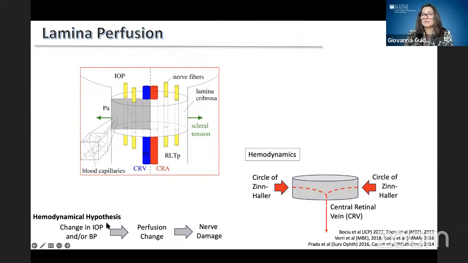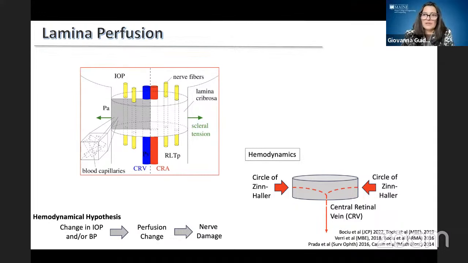So it is absolutely reasonable to conjecture that as the intraocular pressure changes, so as the lamina deforms in different ways, and or we have changes in blood pressure, then also the blood flow through the lamina, which we refer to as blood perfusion, may change. And you know very well that if cells, wherever they are, do not receive enough blood and oxygen, they will die. And so this is another mechanism for nerve damage and vision loss in glaucoma, which is related to hemodynamic changes.